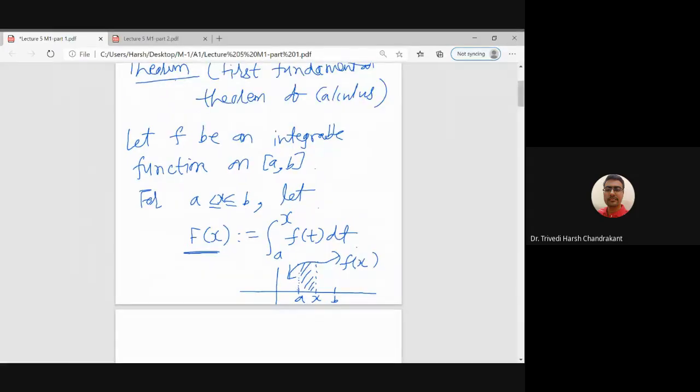So we want to see when this function is continuous and when this function is differentiable.